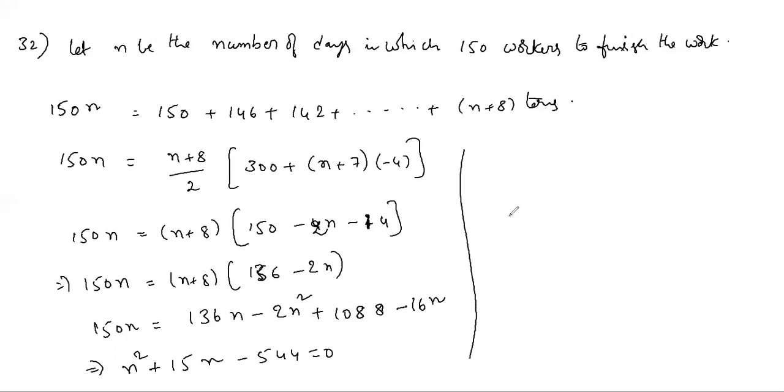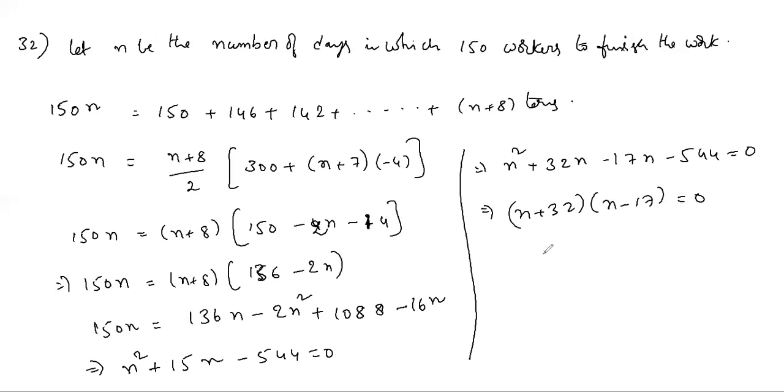So this is a quadratic equation, find the factors. n square, 544, 32 into 17, so plus 32n minus 17n minus 544 equals 0. So n plus 32 into n minus 17 equals 0.